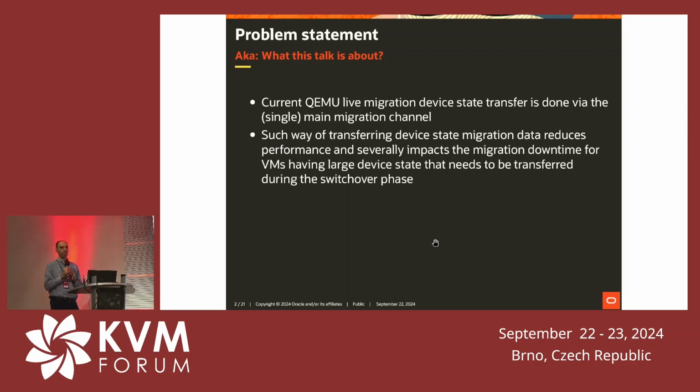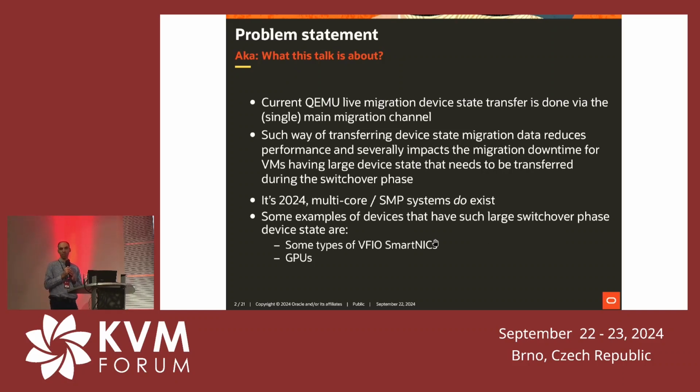Also the state of all the QEMU devices, both the devices that are emulated by QEMU, and in some VMs the devices which were passed through from the host, usually called VFIO, and those can also have their own state. And here the talk is mostly about the state of those VFIO devices.